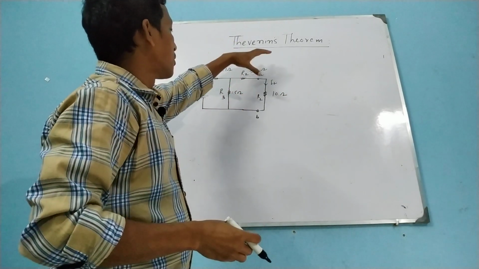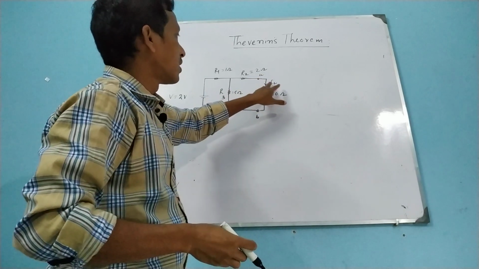By applying Thevenin's theorem, we have to calculate the value of the current through RL.